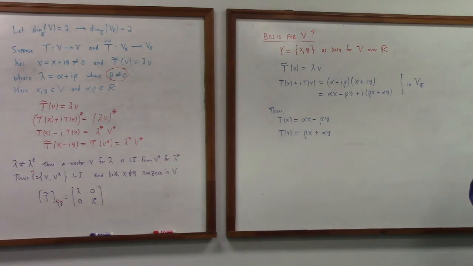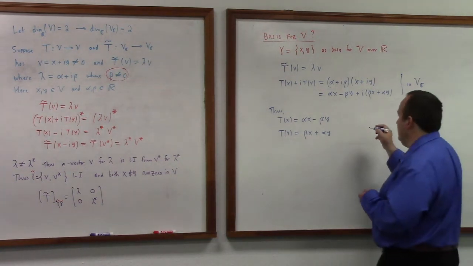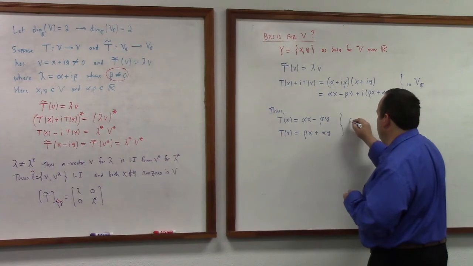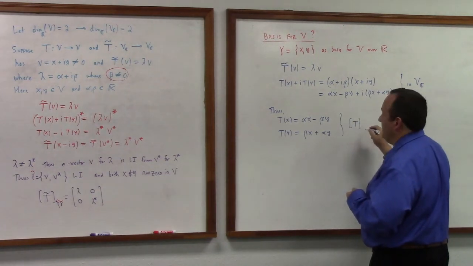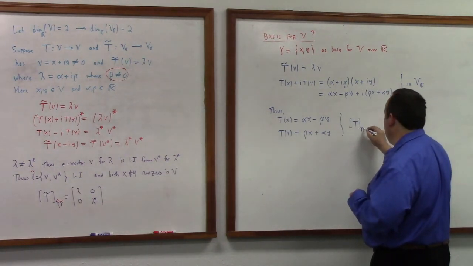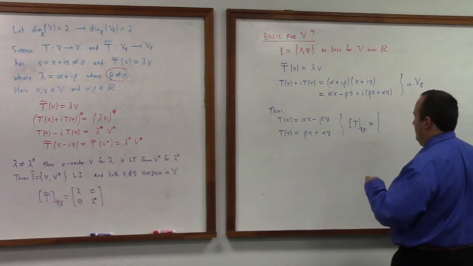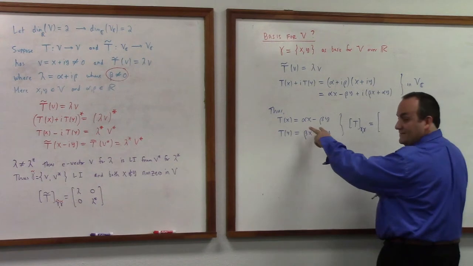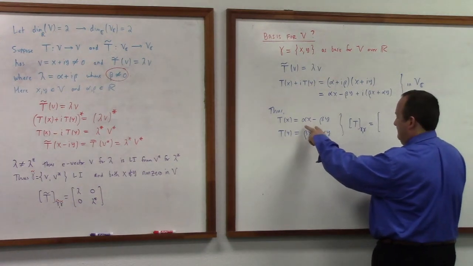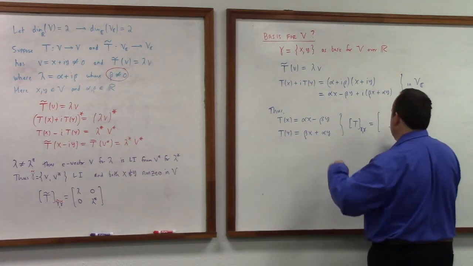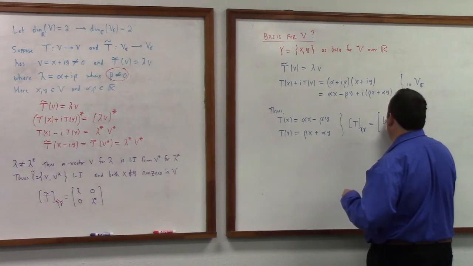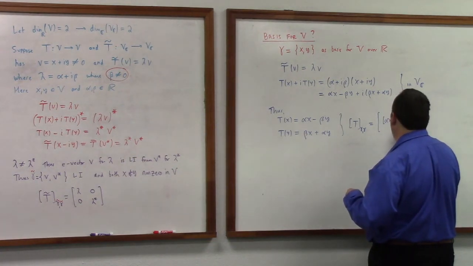Right? And so what this shows me is that the matrix of T with respect to this gamma basis that we just invented is what? So this is T of x, right? Is it alpha x plus beta y? Here, I'll write down one more step. Yeah, alpha x minus beta y.